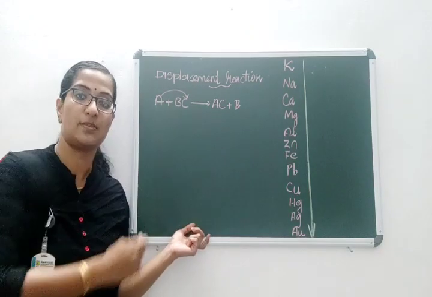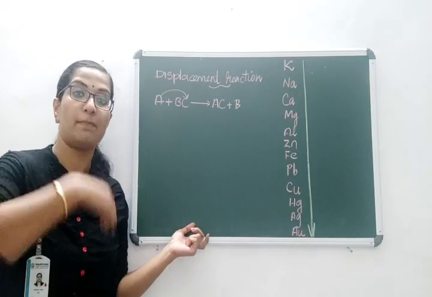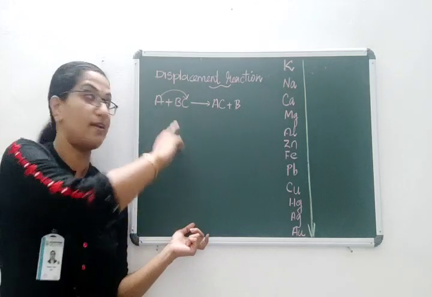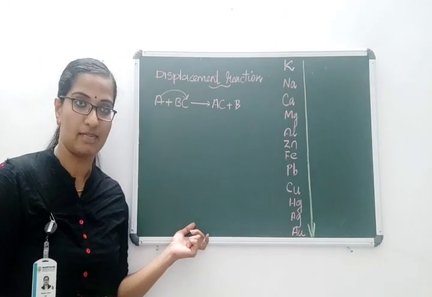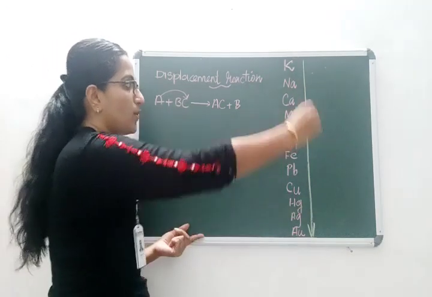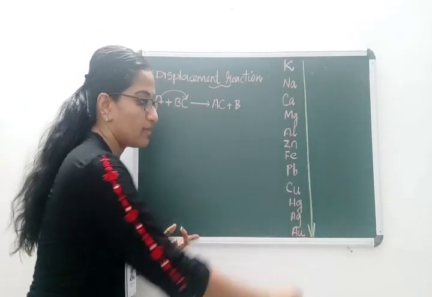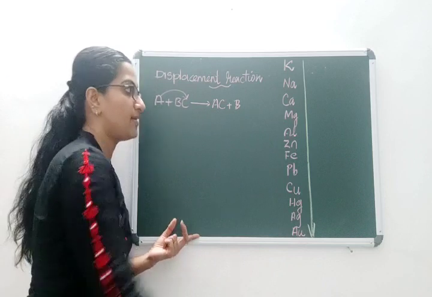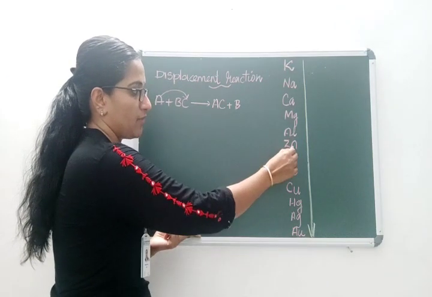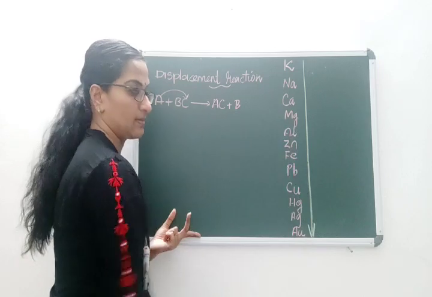How is the metal displaced? Is there any particular characteristic for A to replace a particular element from BC? Let's check it based on the reactivity series. In the reactivity series, you know that from top to bottom, the reactivity decreases, right? Let me ask you a question. Who is more reactive, zinc or iron?